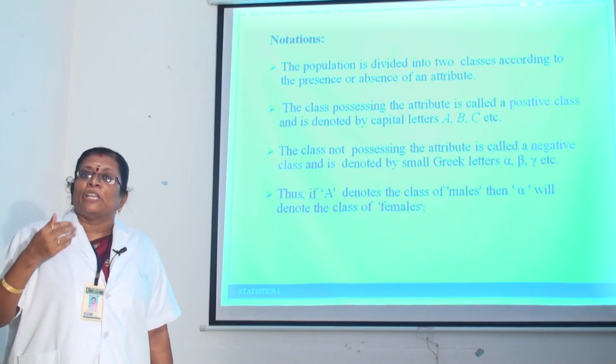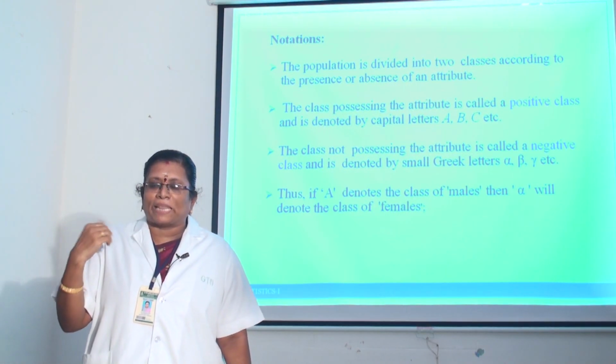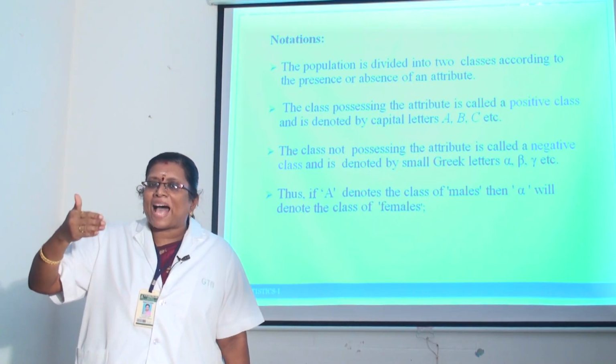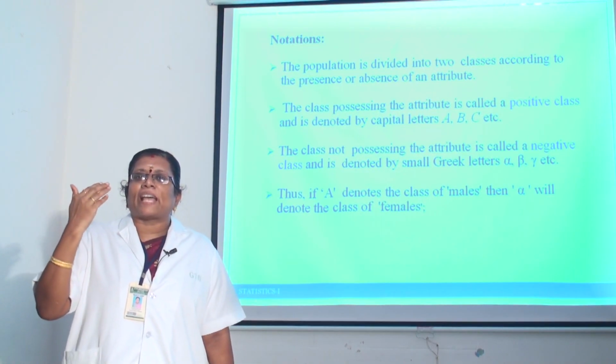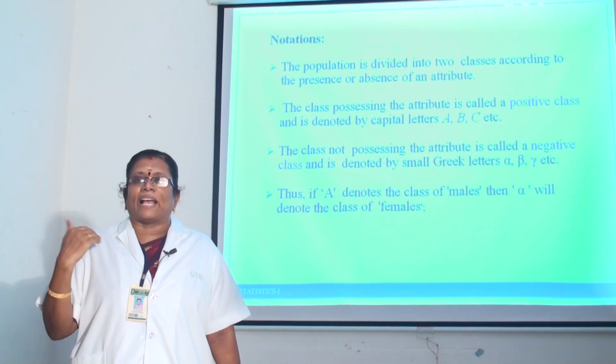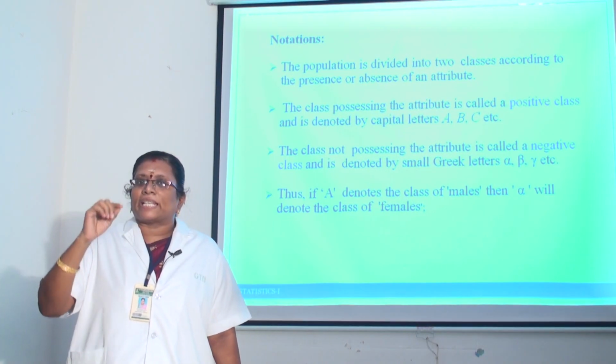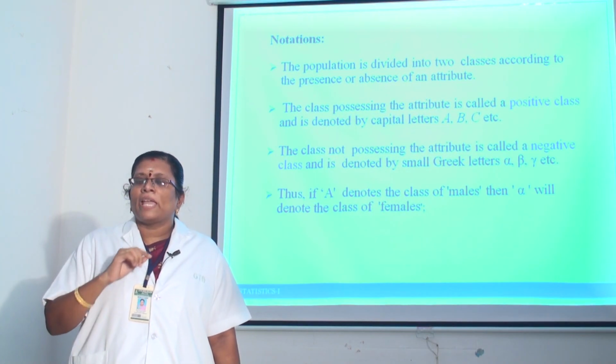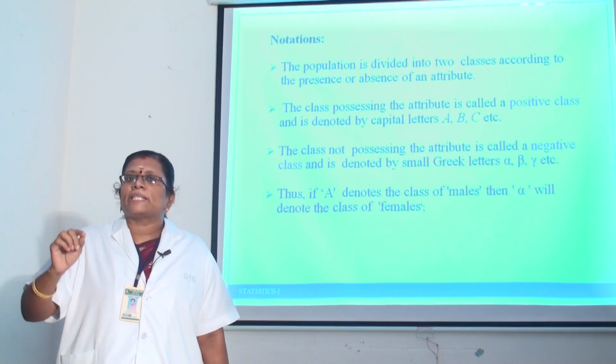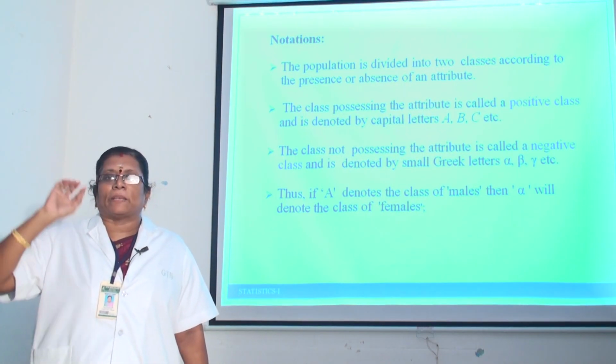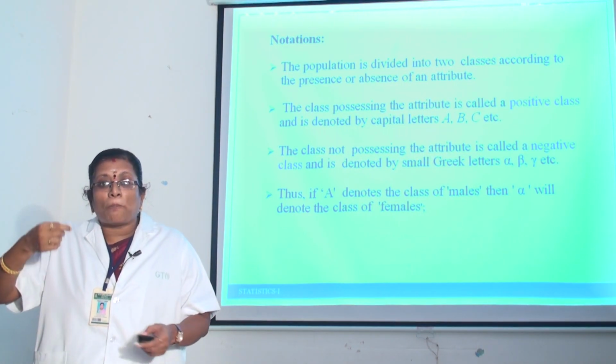Students, it is very difficult to pass in mathematics, no? So if you pass in mathematics, I assume that it is a positive class and I can take it as capital A, students passed in the mathematics subject. What is the opposite thing?